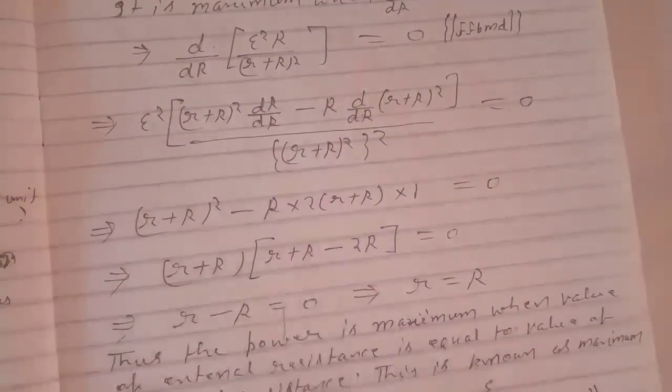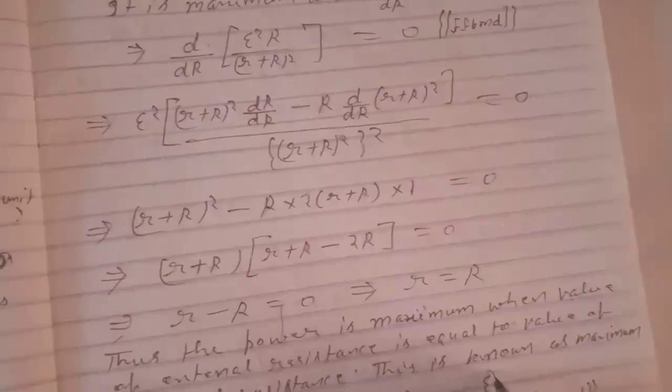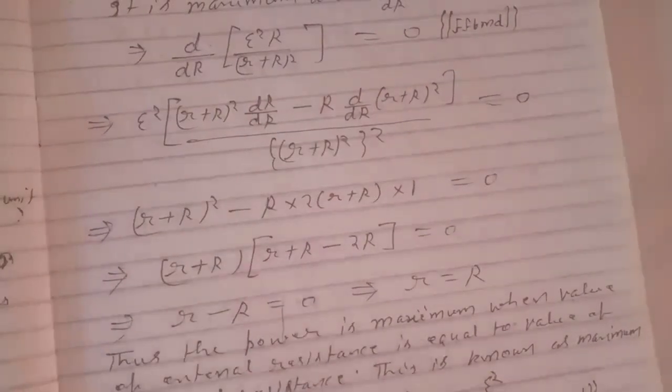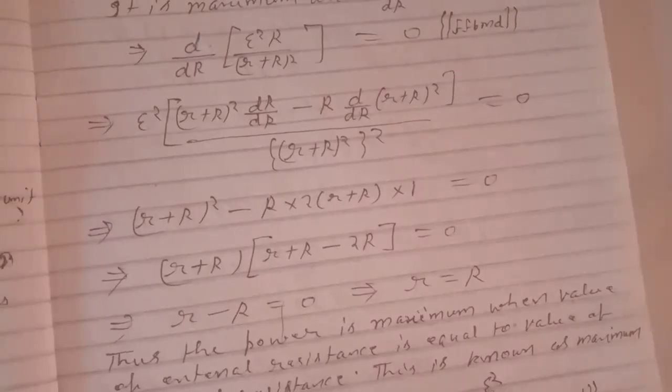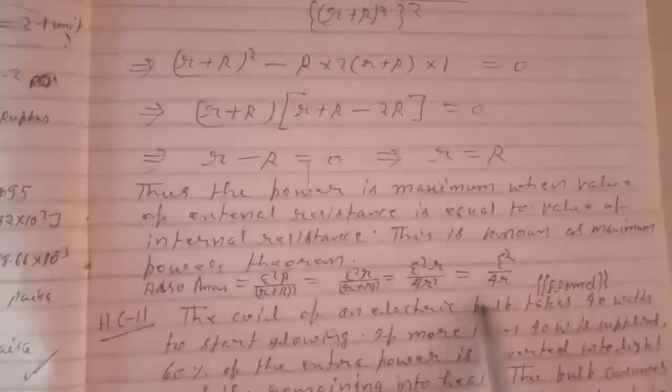So the maximum power is E squared by 4R in the circuit.